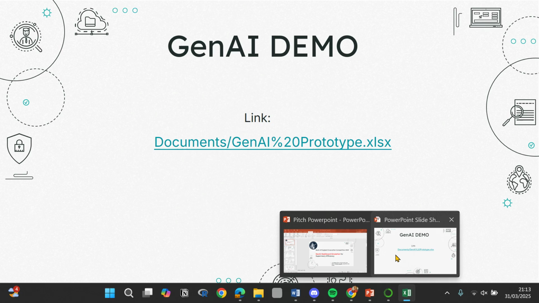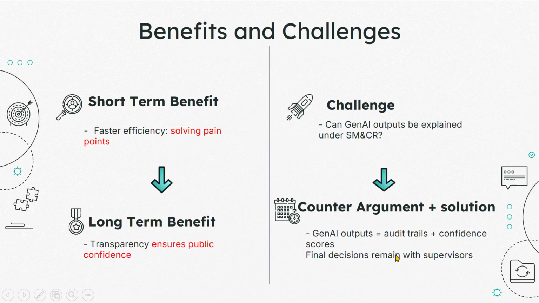This moves on to the further benefits, where we can see that this is solving the pain points of these supervisors: reducing supervisor fatigue through the use of summarization, reducing data overload through the use of risk classification systems, and further providing additional benefits in the future by increasing public trust.